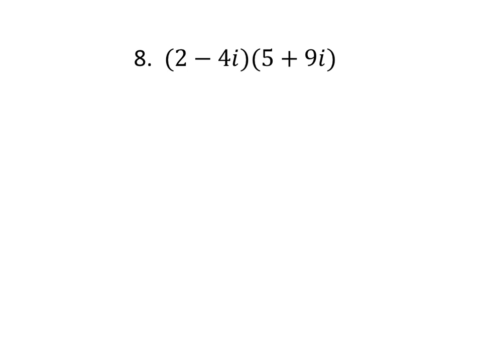What should I be multiplying first? The 2 and the 5. So everybody draw their 2 and 5 arrow. And what is 2 times 5? Great. Done. Then we do the next one. What should we be multiplying next? 2 times 9i. Very good. Those are the outside things. So 2 times 9 is 18, and then we have an i next to it. We're going to deal with the 4 now because we have to do it in order.